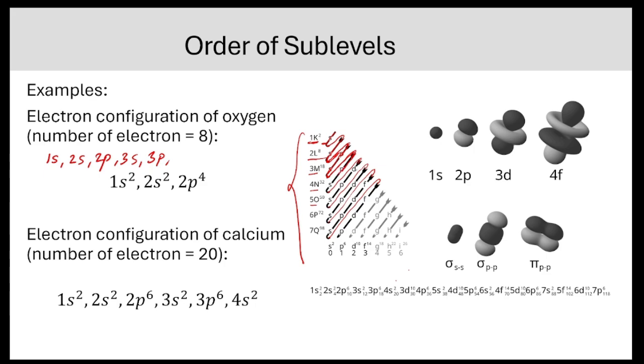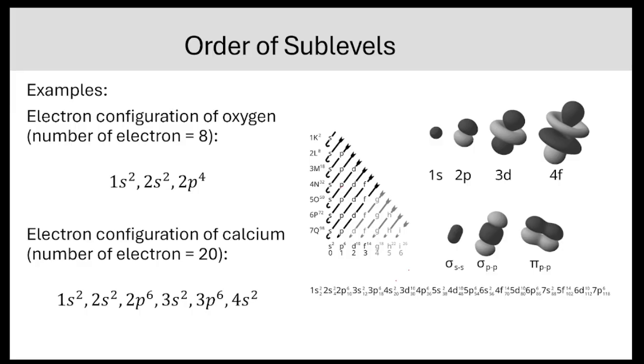From 3p, instead of going to 3d, it first goes to 4s, and then from 4s it goes to 3d, then 4p, 5s, and so on. Since we now know the general flow of the electron configuration, all we have to do is find the number of electrons and divide these electrons among the different subshells.